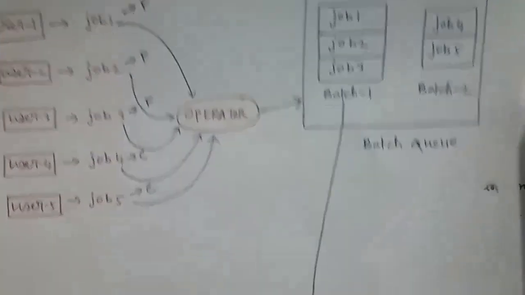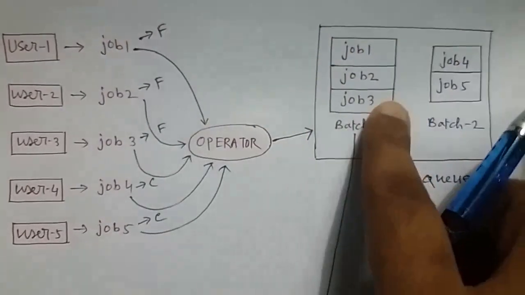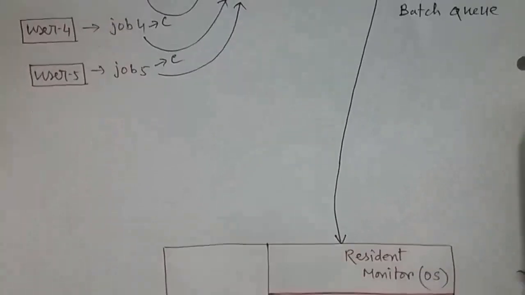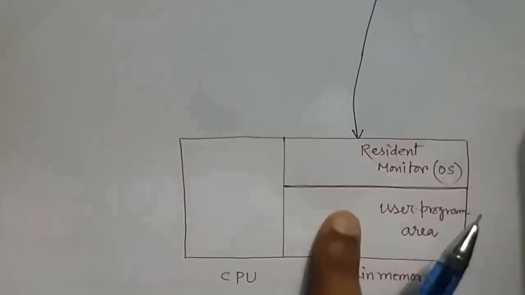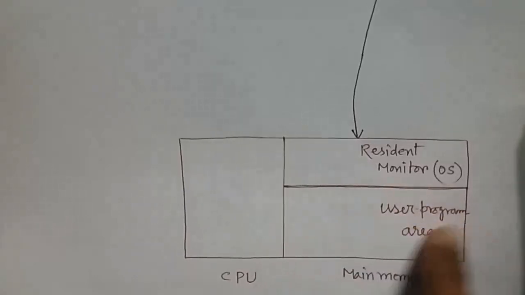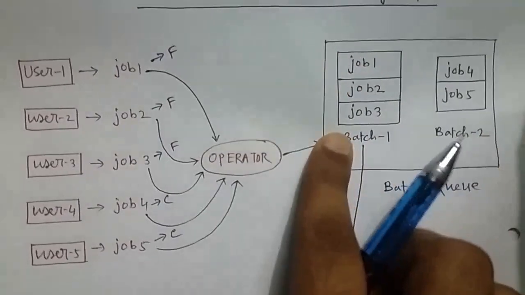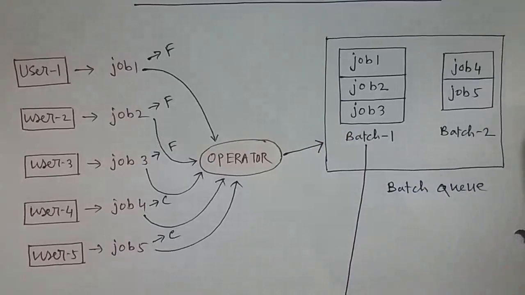And after sequencing the jobs, this resident monitor will load every job of this batch one after another, not together. One after another it will load in the main memory. You can see the user program area. So here the resident monitor will load all of these jobs one after another in the main memory for execution.